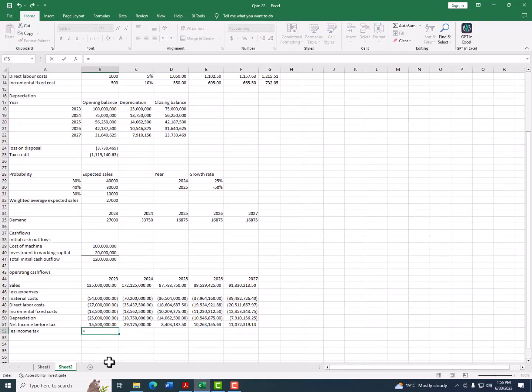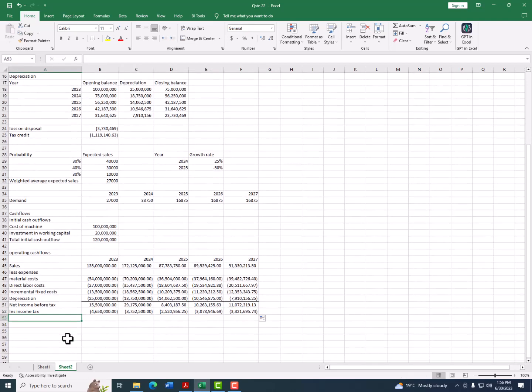We say equals minus 30% multiplied by the net income, and then you drag to 2027. So that is the less income tax. So here down here we can get, here we misspelled less.